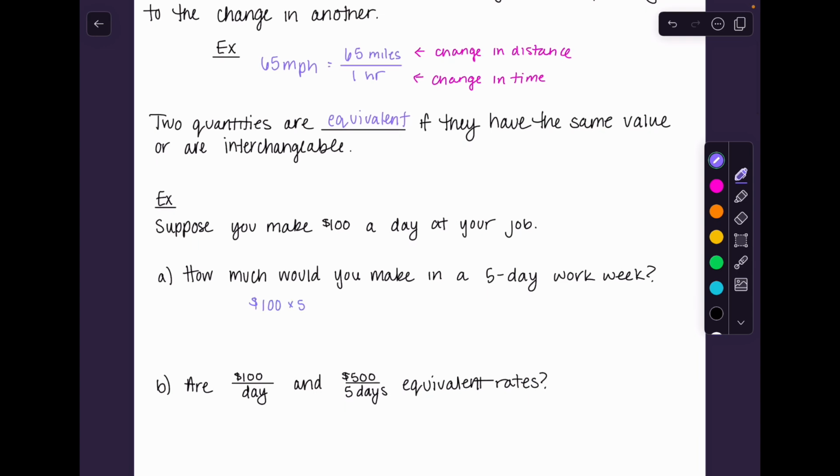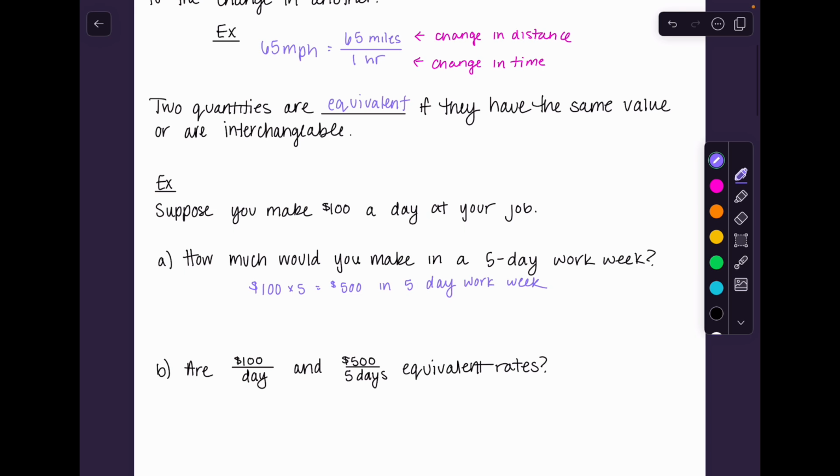So all we're going to do is multiply the two and you would make $500, assuming taxes haven't been taken out or anything yet. So if I consider the two rates, $100 for 1 day and $500 for 5 days, we would say that these are equivalent because they came from that same base pay.